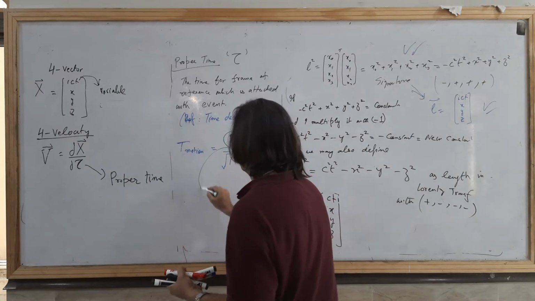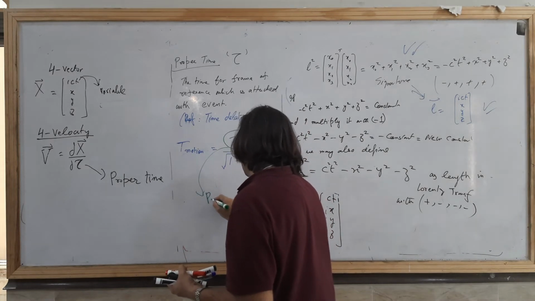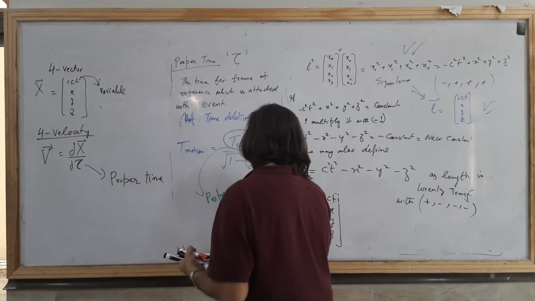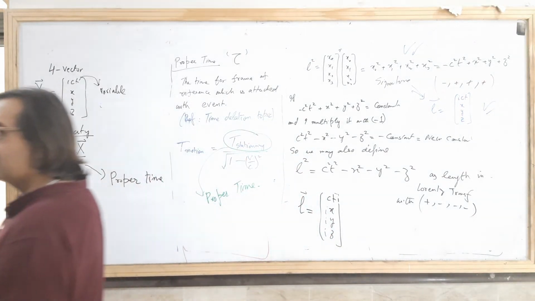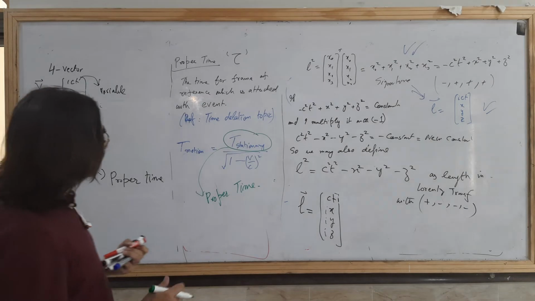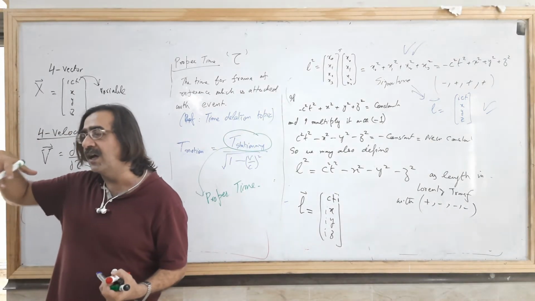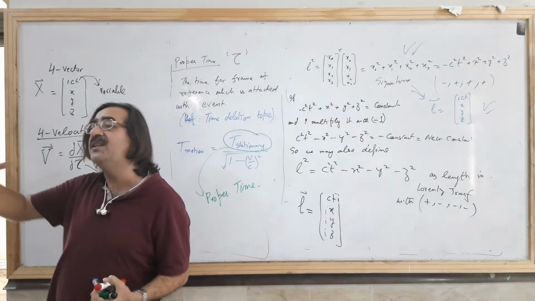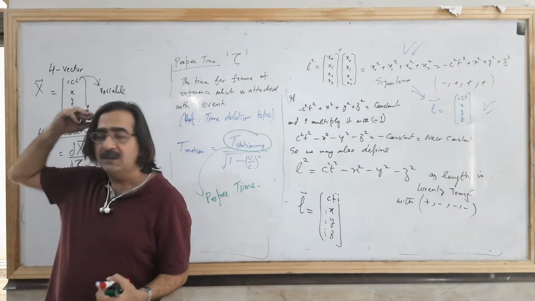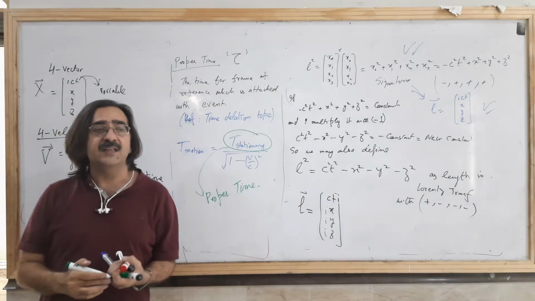This time will be defined as a proper time. The stationary time, that is the time for which the event is stationary. The time that is moving with the event, event के साथ साथ move कर रहा है. Okay. So that time will be defined as a proper time.